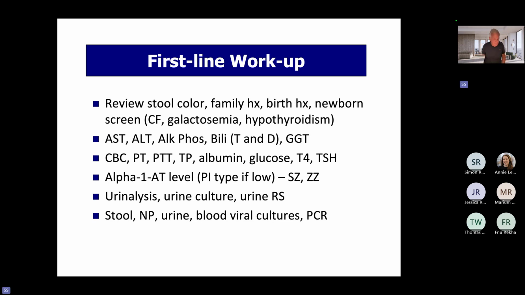Again, a common cause of cholestasis in the newborn is a urinary tract infection, so we want to check that. We also want to make sure that there's no intervening viral infection that may be complicating the situation.